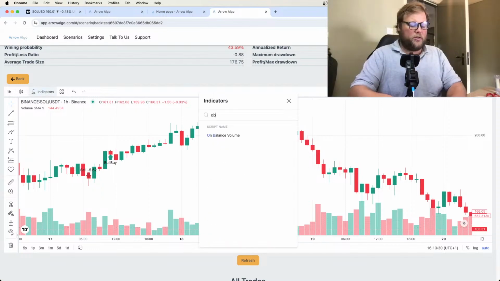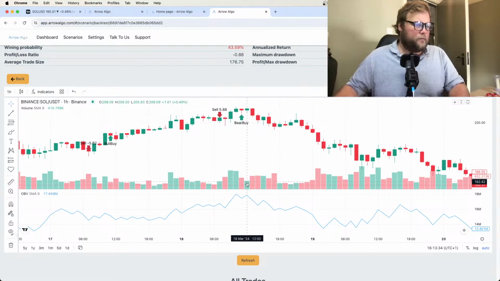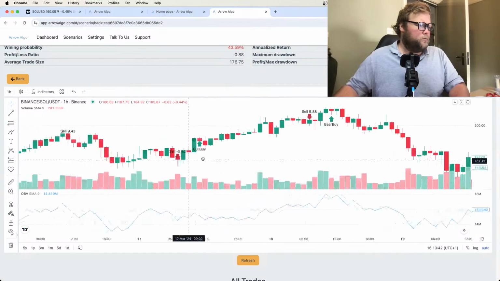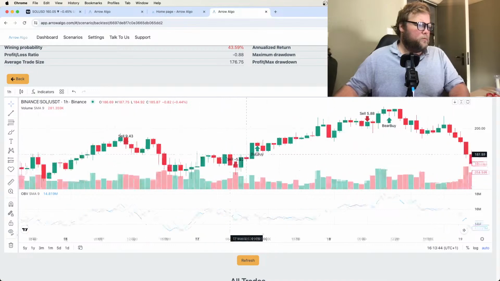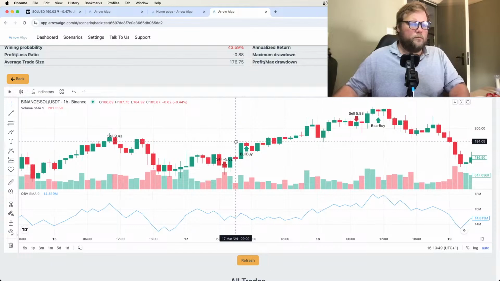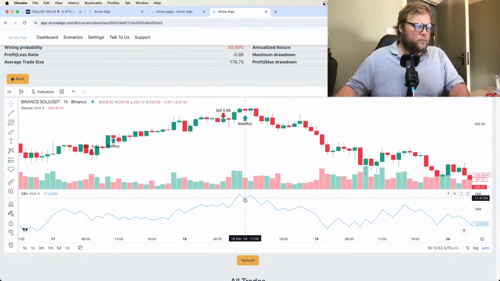One thing that I also like to check is, what's the volume telling us? So one thing that strikes me here is that this buy signal saw a dip in volume.